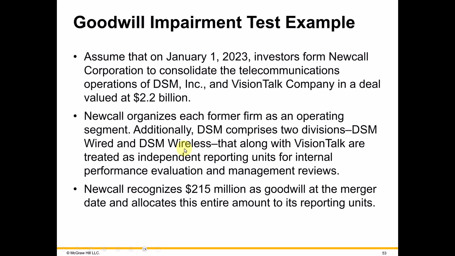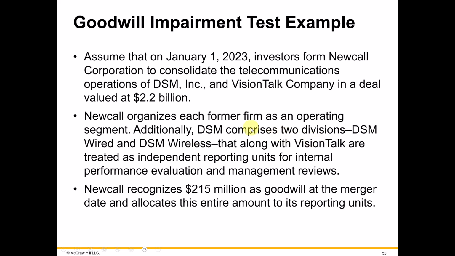And according to our accounting rules, what we've got to do is allocate the goodwill asset among all the different reporting units. Oh, and there's this other subsidiary. So the reporting units are Wired, Wireless, and Vision Talk.